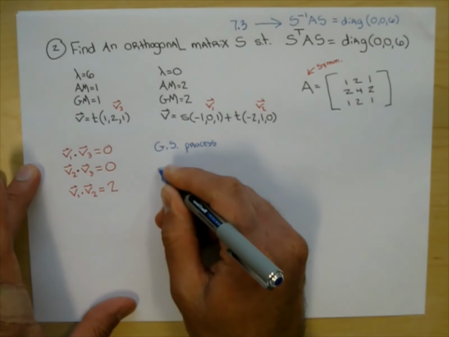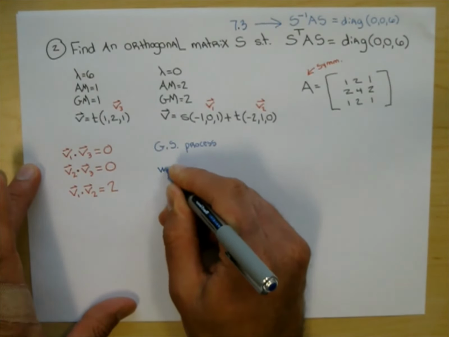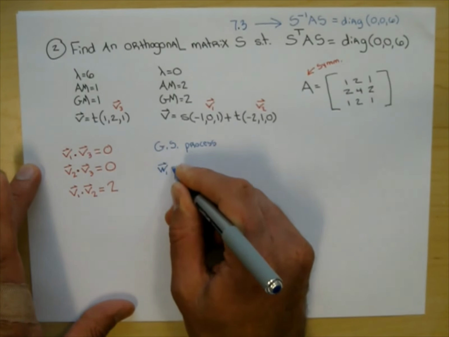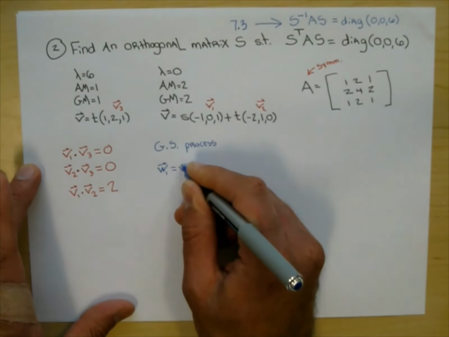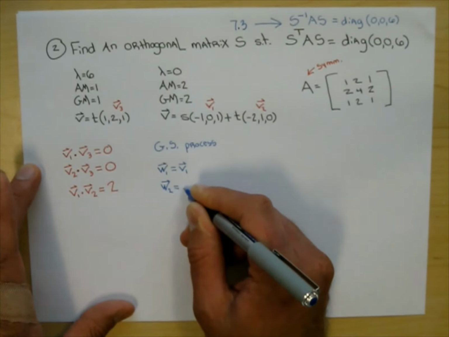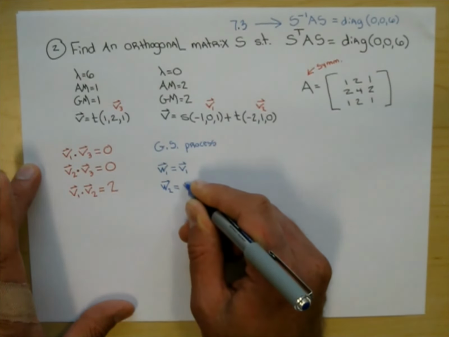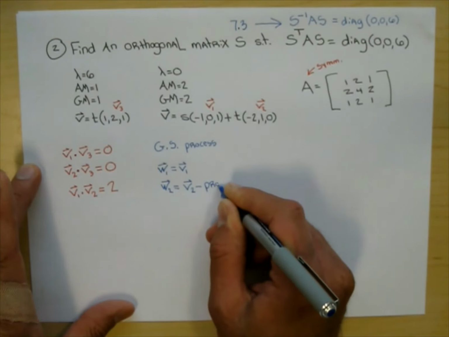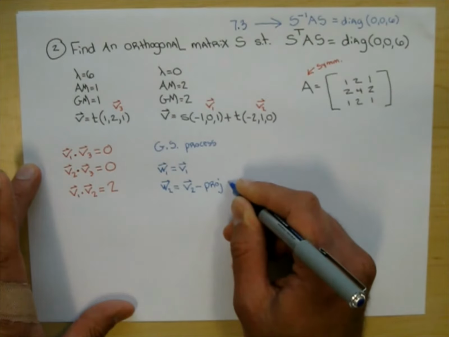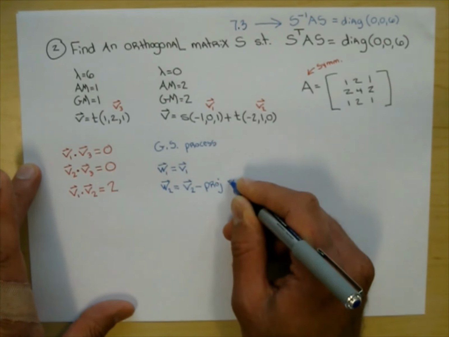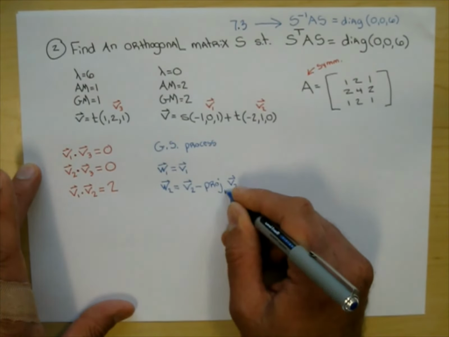It says W1 equals V1 and W2 equals V2 minus the projection of V2 onto W1.